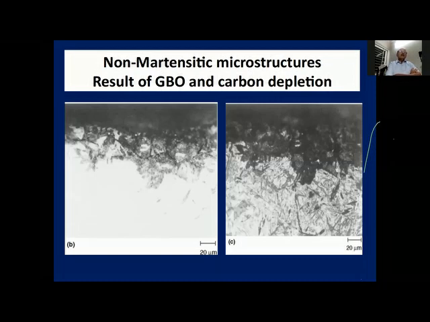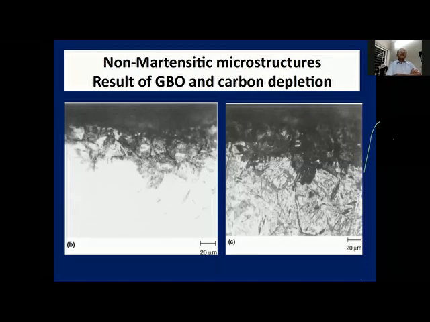Now, this structure is a result of two aspects. Number one, when you have grain boundary oxidation, there is a depletion of those alloying elements at the surface layer.